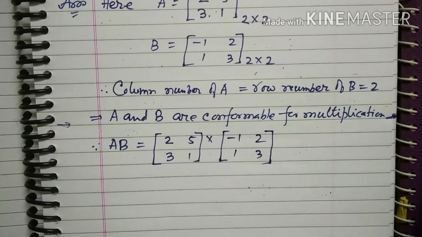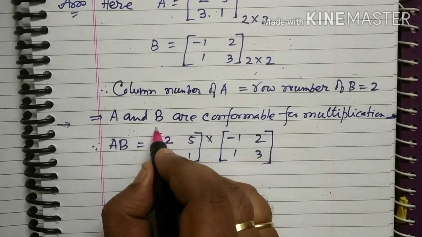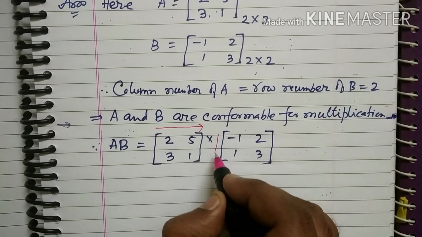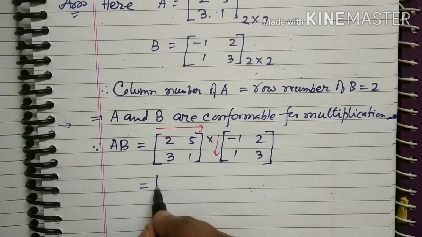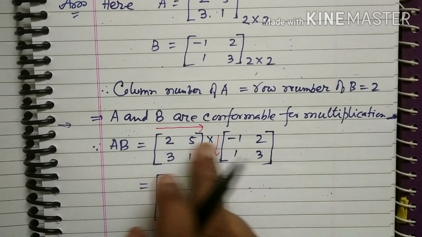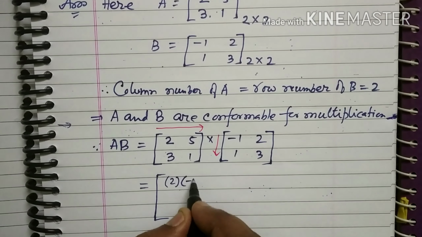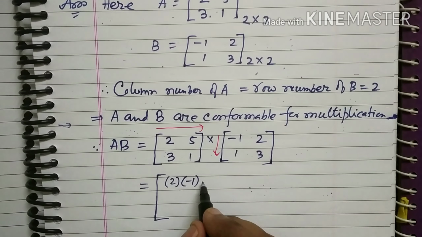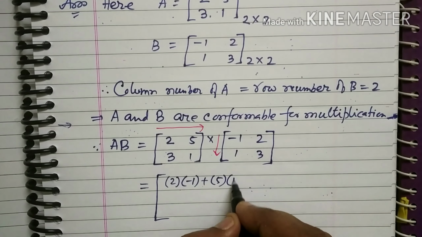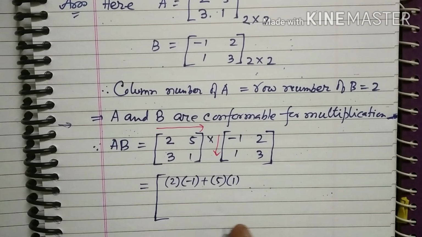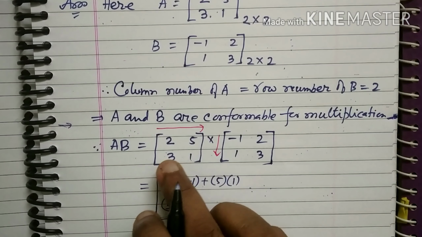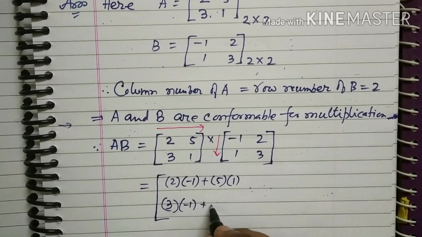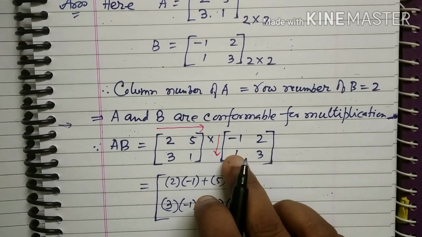Okay, if possible try to use multicolor for a better understanding. I go for this row and then this column. Very easy, try to understand. This into this, that is 2 into minus 1 plus 5 into 1. Similarly 3 into minus 1 plus 1 into 1.